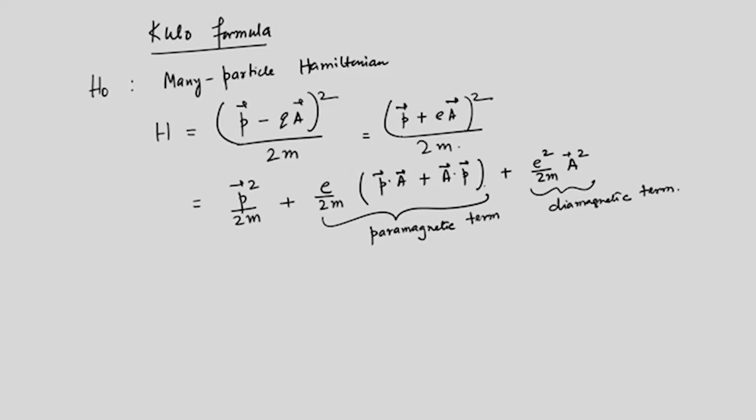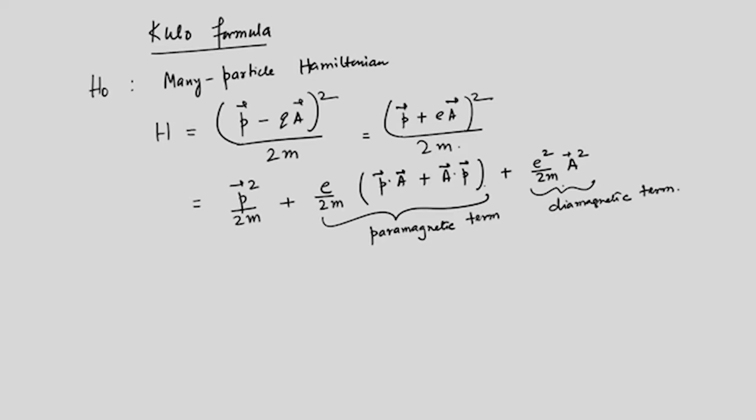Now, it turns out that we will neglect this diamagnetic term, and in the parlance of perturbation theory, if B is not strong enough, then A would also be weak, so a term of the order of A square can be neglected. However, we have seen that in our case the magnetic field B is not weak at all, and we need to take into account terms such as B square or A square.